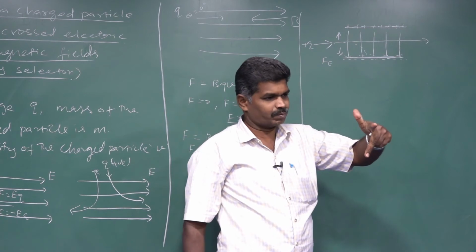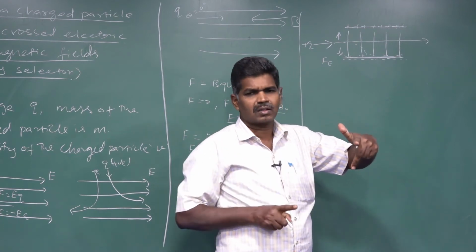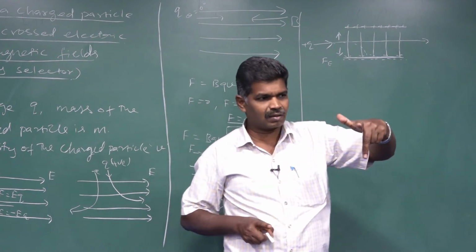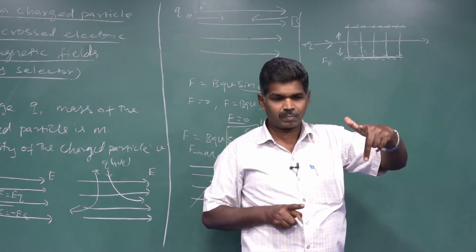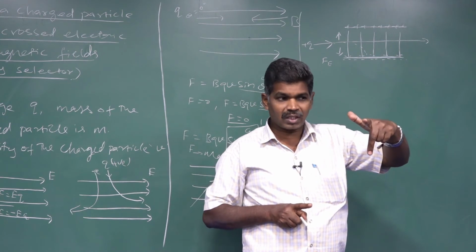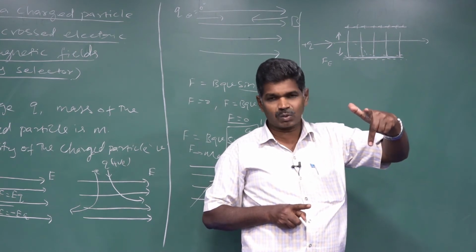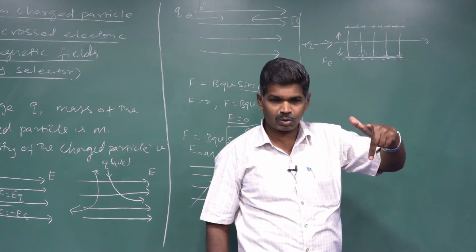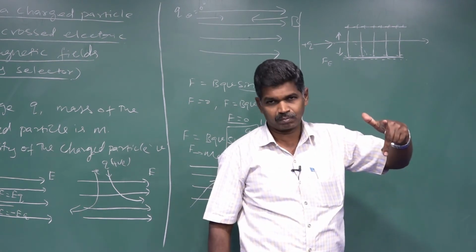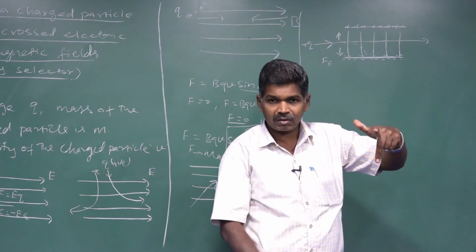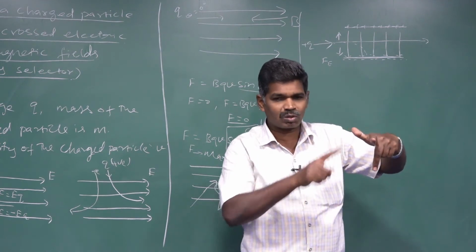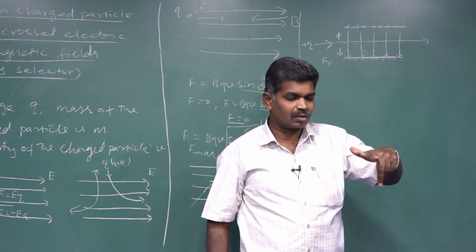We know the definition: in our left hand, the first three fingers are stretched perpendicular to each other. The forefinger shows the direction of the magnetic field, the middle finger shows the direction of the current, and the thumb shows the direction of the force.